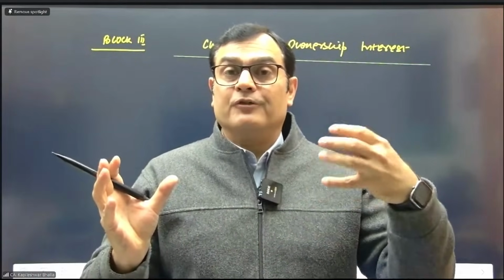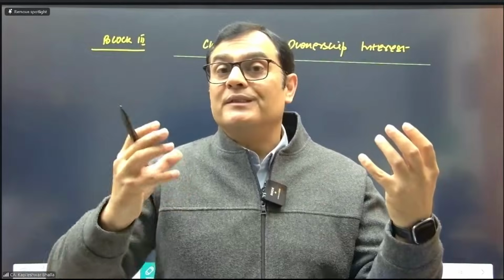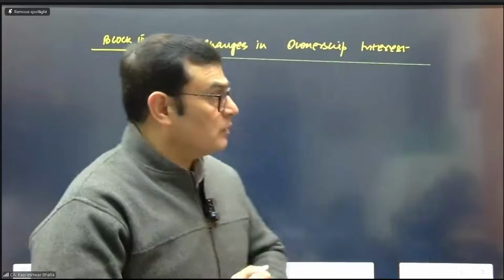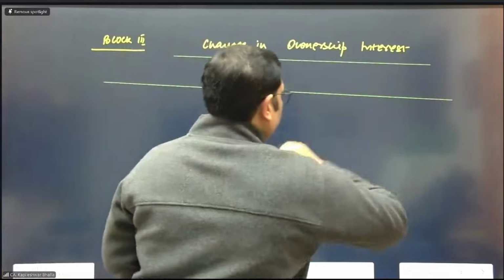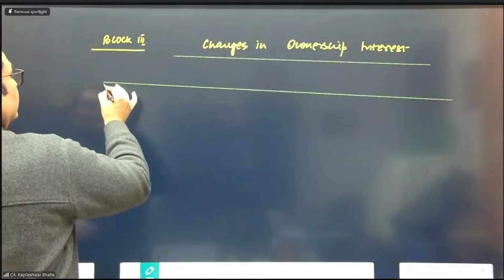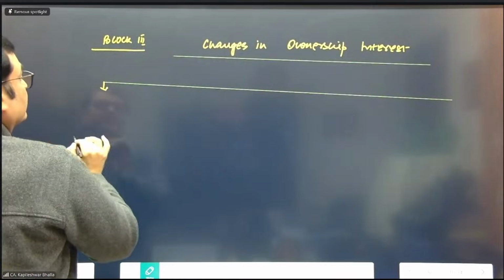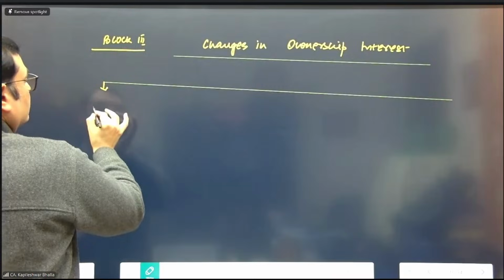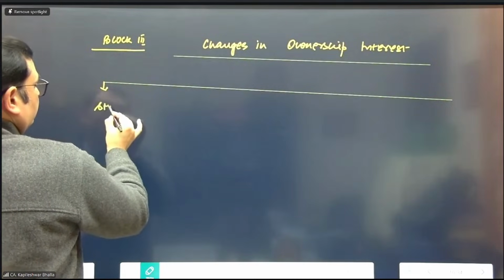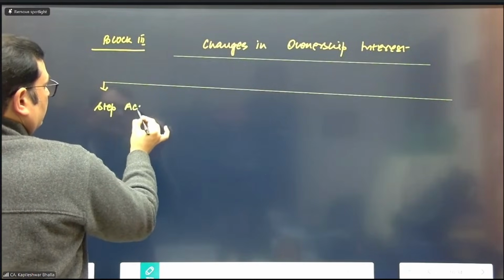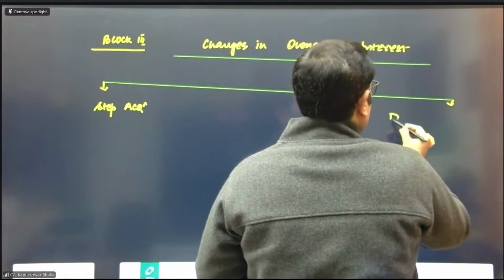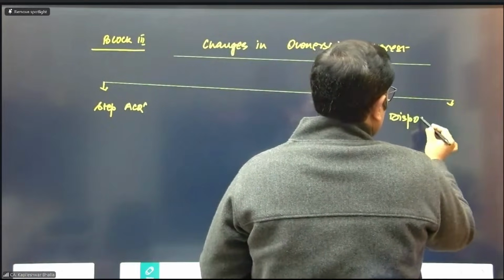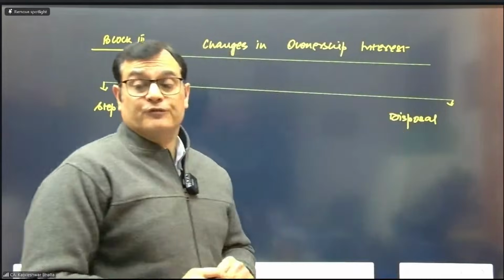One is a further acquisition, and one is a disposal. So the first one we can say is a case of a step acquisition. The second one is a case of disposal.